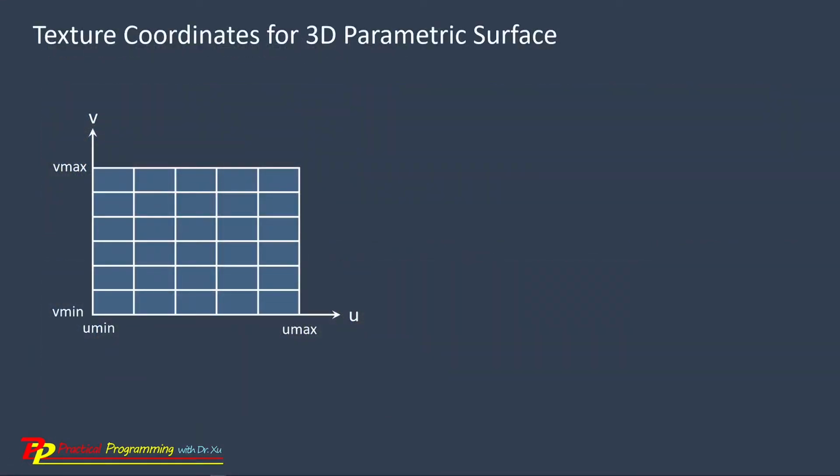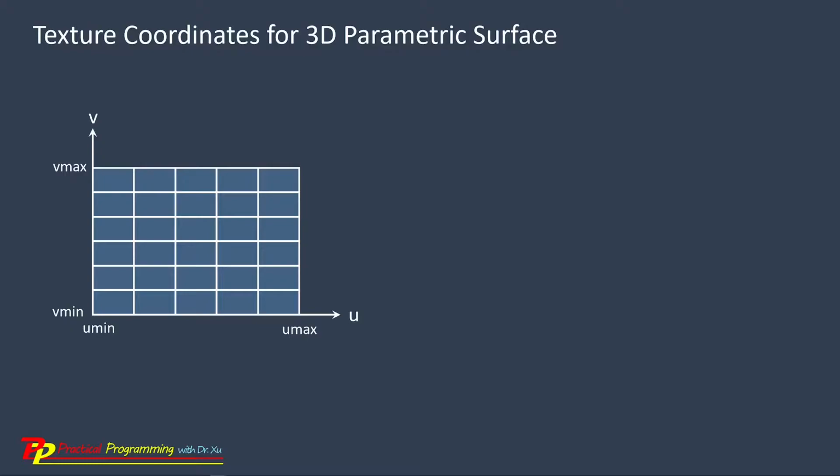Let's now consider the texture coordinates for 3D parametric surfaces. In parametric UV space, the value range in the UV plane is a rectangle. Please don't confuse the variables U and V in the parametric equations with the UV used in the texture coordinates.